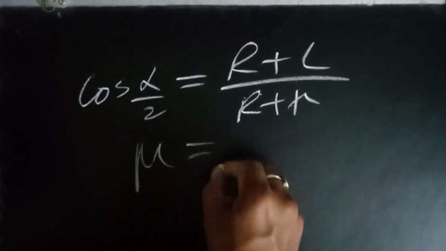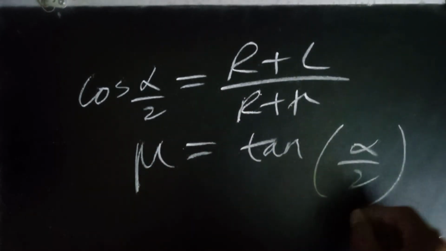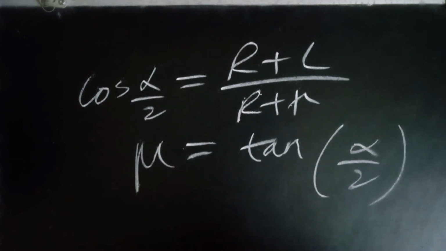And mu is the friction coefficient, where tan alpha by 2 is mu.